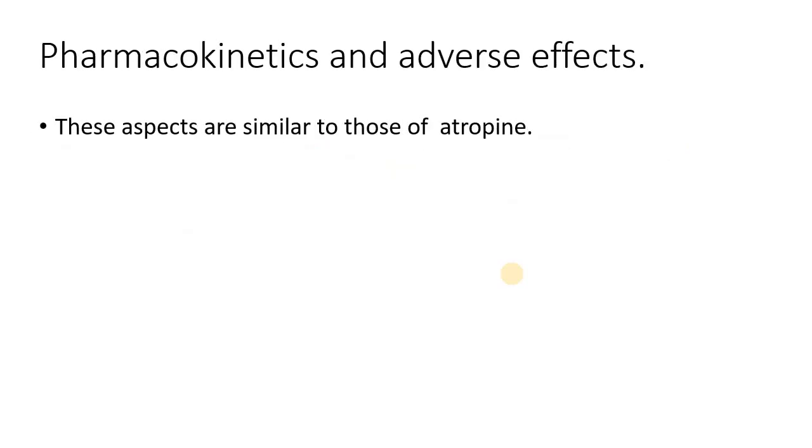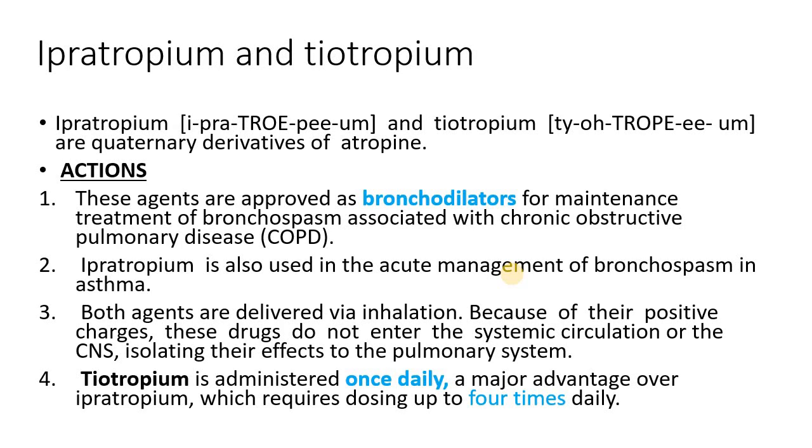And here are the pharmacokinetics and adverse effects, which are similar to atropine. So another drug, ipratropium and tiotropium, you are well familiar with these drugs because they are used in COPD patients, chronic pulmonary disease, for bronchodilation, because in COPD patients bronchoconstriction happens.